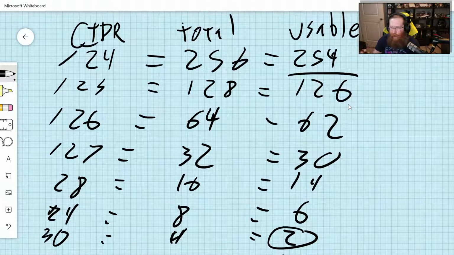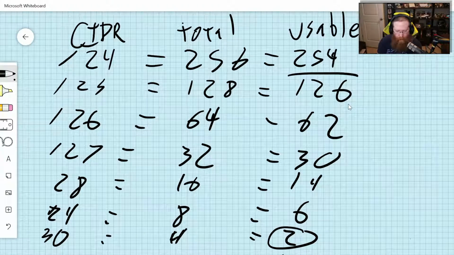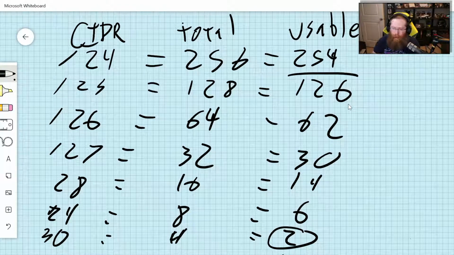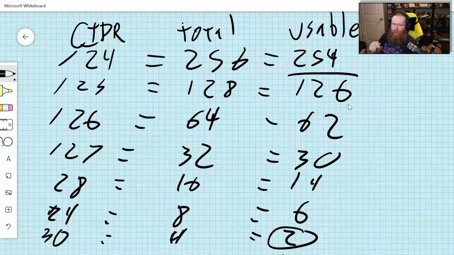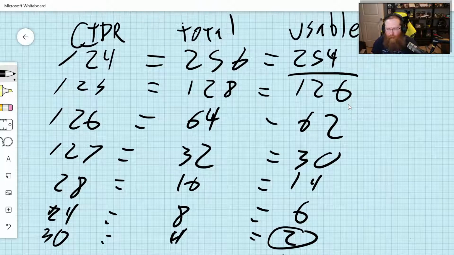But we're going to kind of ignore getting into the math side. I'm going to show you a couple little tricks, if you don't feel comfortable with the math, that you can use to get around doing the math. But you're going to need to have a chart like this readily available. This is a common subnetting chart that you'd be able to find.